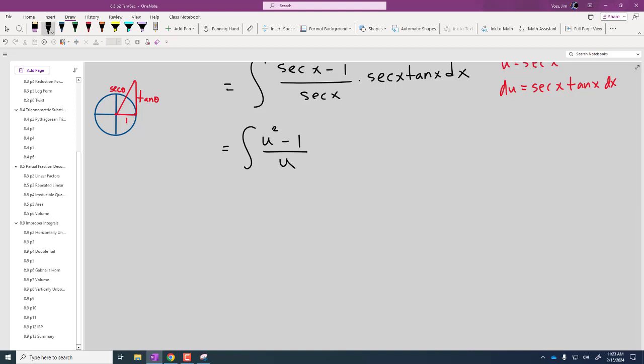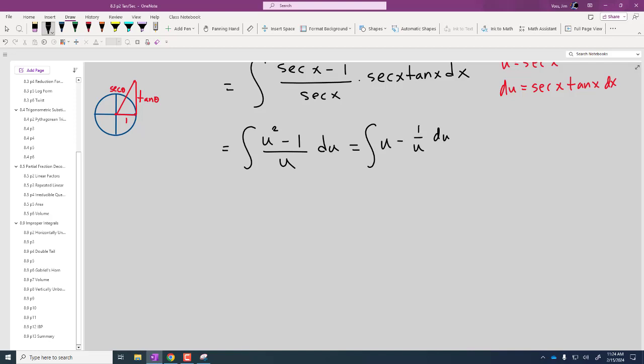So that's u squared minus 1 over u, and then du. Now, last class we talked about one of those oddball things where you had an improper fraction. Right, this is top heavy. But you actually can do the division instantaneously without long division.